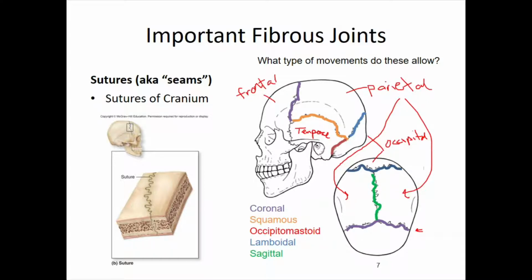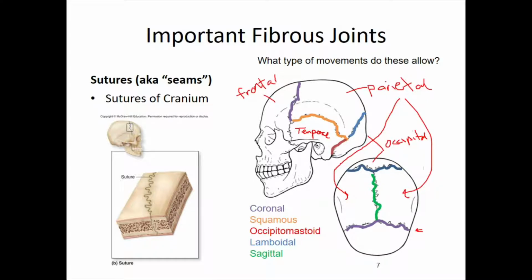The squamous suture is here in orange, and it is named for the big flat part of the temporal bone. Another name for flat is squamous, remember we talked about squamous epithelial cell shape, means flat. So the squamous part of the temporal bone gives rise to the squamous suture.